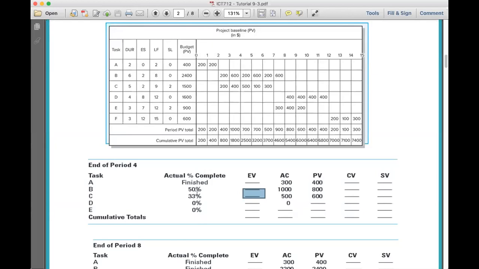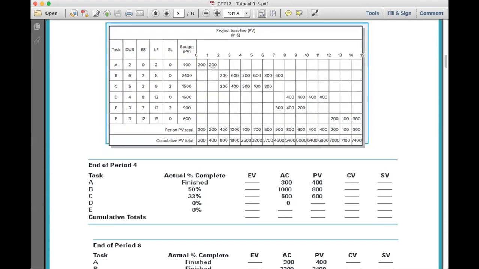Because you're calculating 50% of the whole task, 50% of the overall task. The task is supposed to cost me 2,400. The overall task, it's not supposed to cost me only 800. But it's the end of period 4, right? Yeah, but you need to differentiate between the planned value.